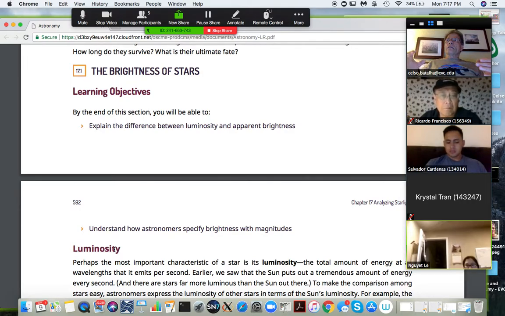Brightness is what you see. You might have a very luminous, which means energetic, star that is way far away, 500 light years away. And you might have a star that is somewhat closer in our neighborhood, and we won't see it.